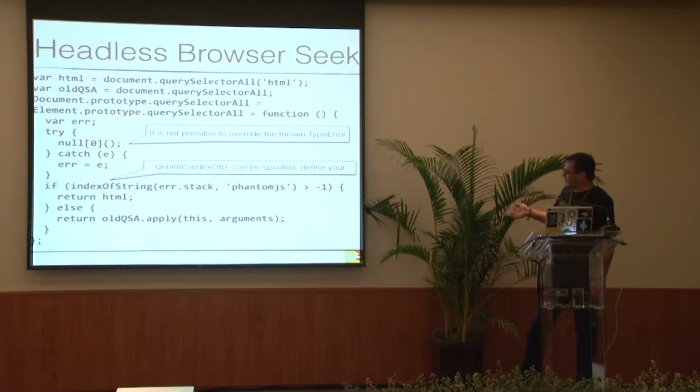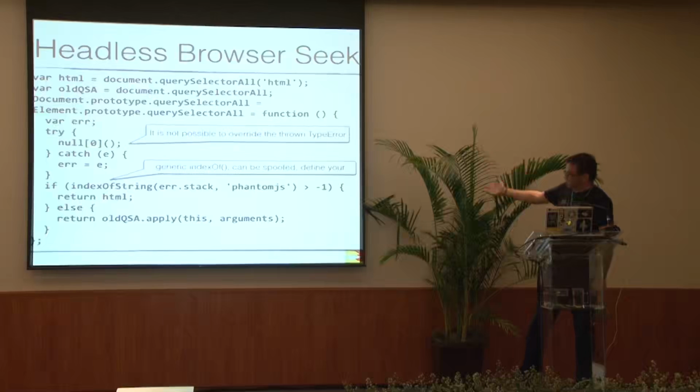It's really going to make that guy's life hard, because it will take him a while to figure out what's happening, why querySelectorAll returns the parent element. Yeah, I'm returning HTML, anything that matches HTML.